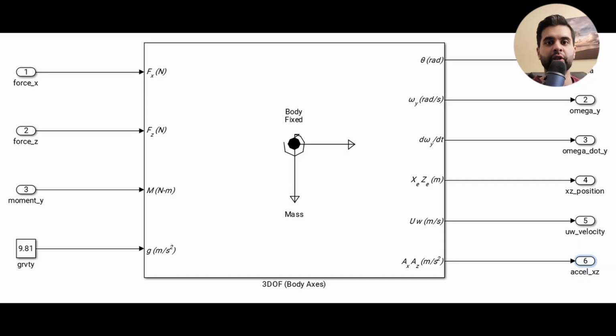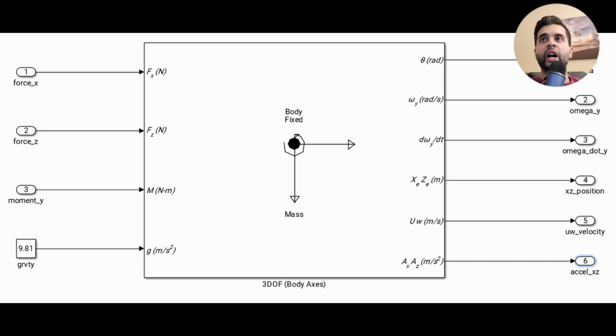Okay, so for example 2, I did a little more interesting problem. I'm using the Aerospace toolbox from Simulink, and I have a 3 degree of freedom dynamic model where my inputs are the forces in the x and z direction along with the moment. The gravity is set to 9.81 as a constant.